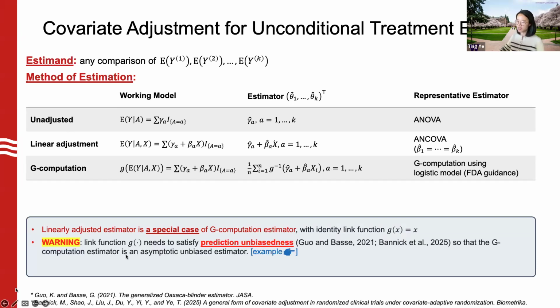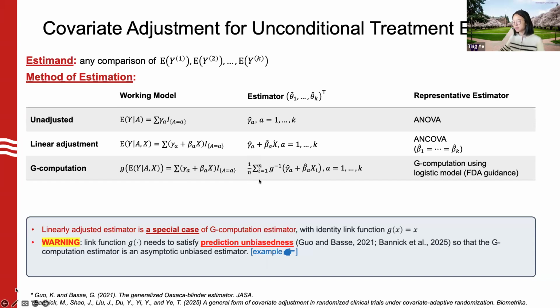But the G-computation has caveats. The link function needs to satisfy a property called prediction unbiasedness for the G-computation estimator to be asymptotically unbiased. As you can see, because this estimator can take arbitrary misspecified models, there's no guarantee that this will always consistently estimate the estimand.